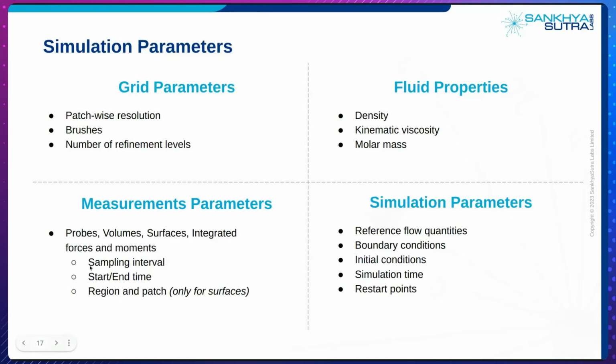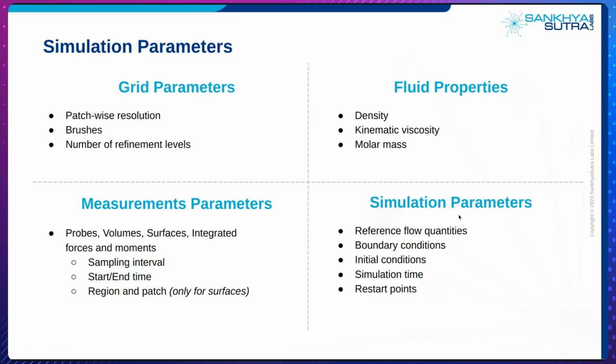You can set the sampling interval for each of these measurements, the start and end time, which is the window of time where you want these measurements to be printed, and you can select specific regions and patches for which you want these measurements to be printed, but this is applicable only for surface measurements.